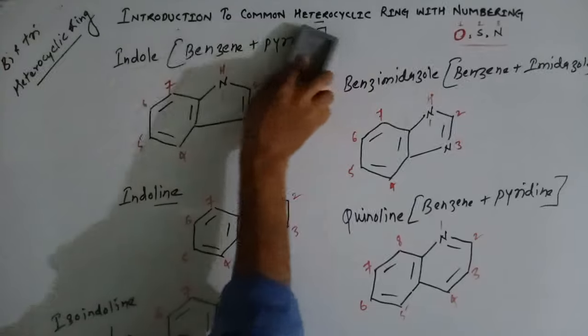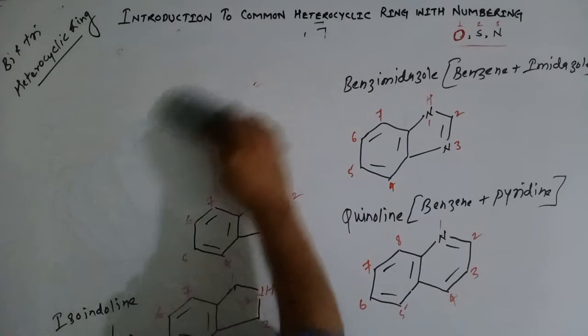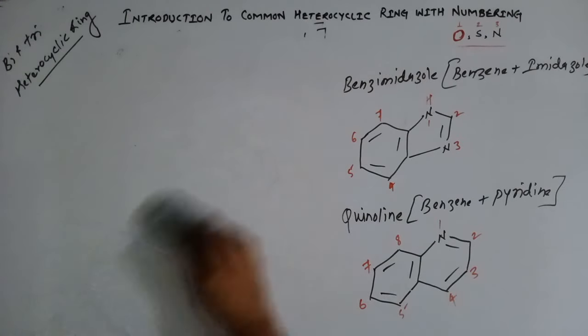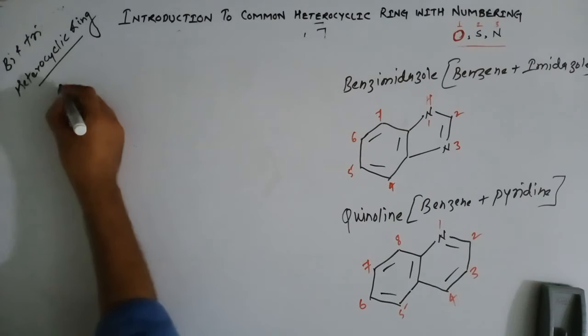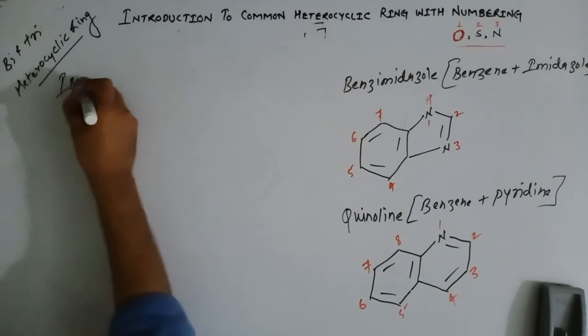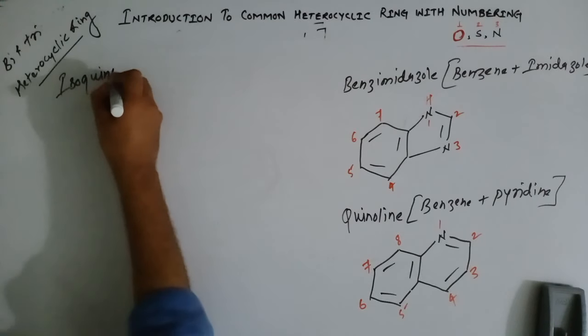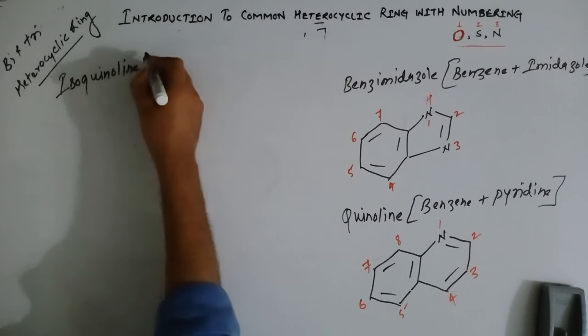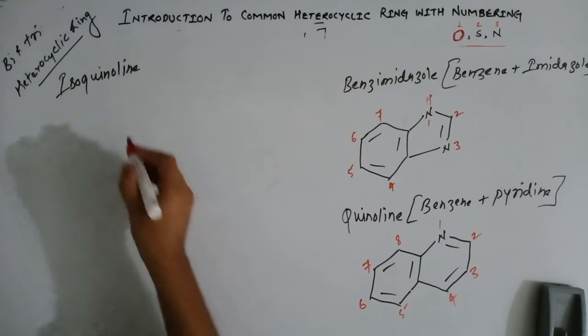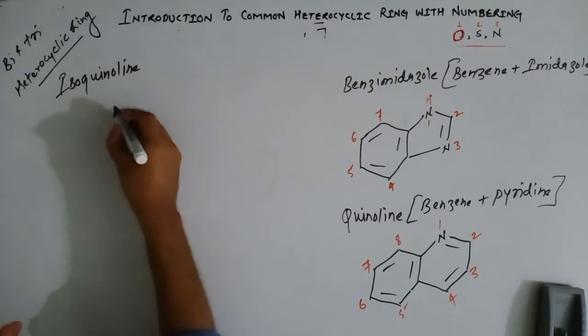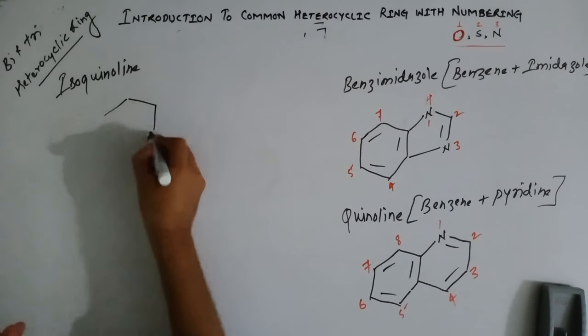Now, the next structure is isoquinoline. As is clear from its name, isoquinoline is an isomer of quinoline. So, how does the structure look?